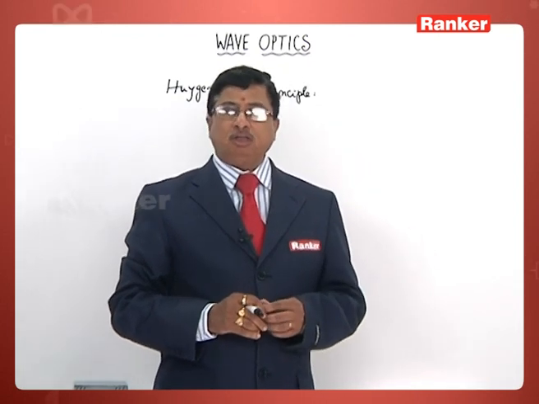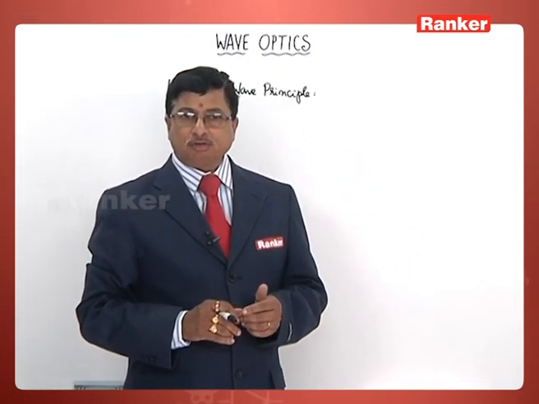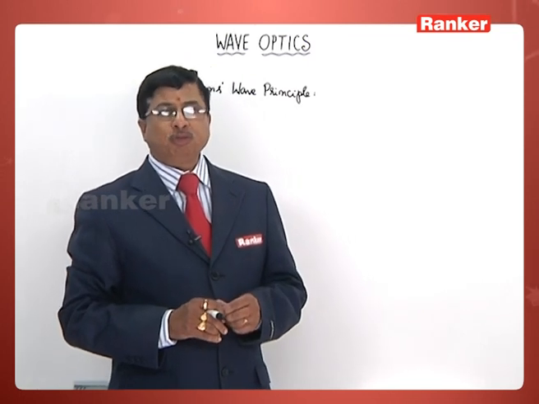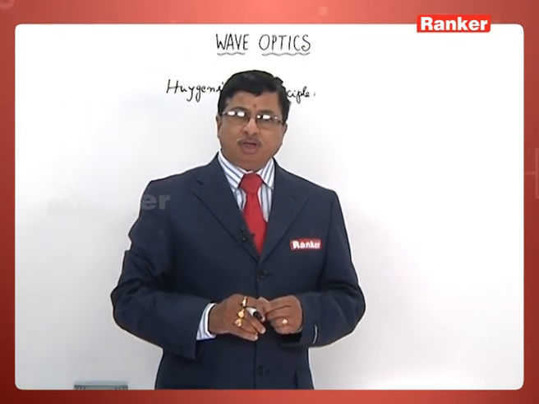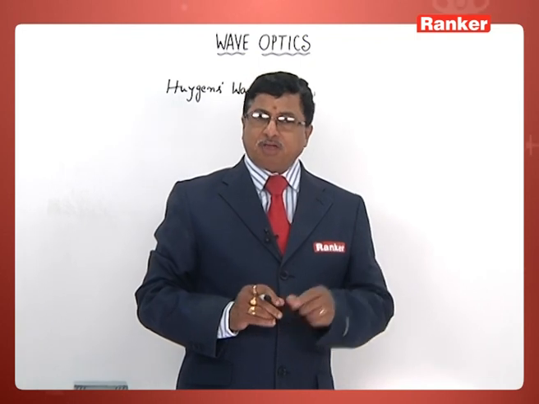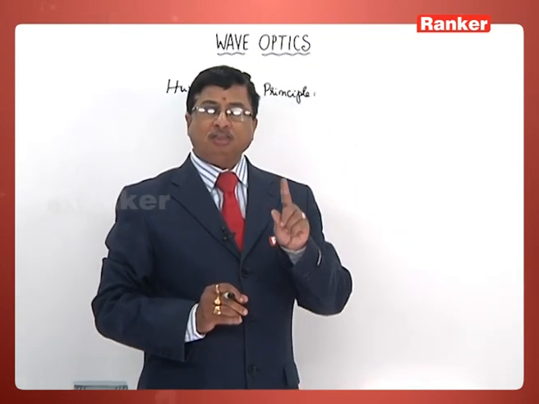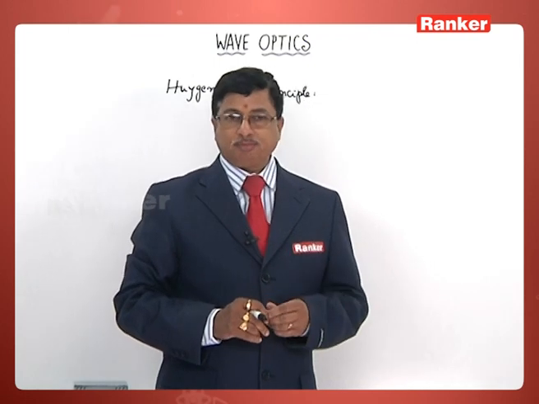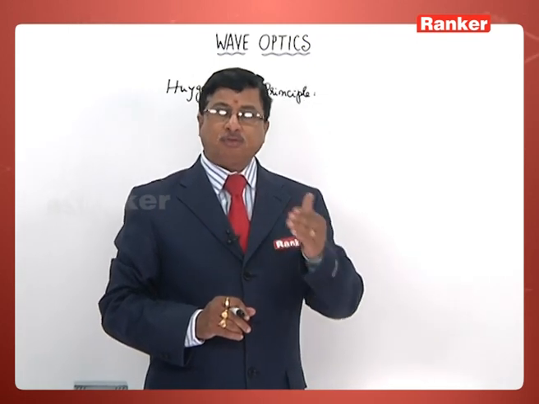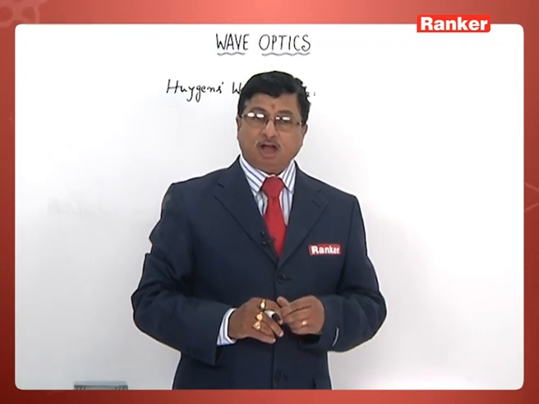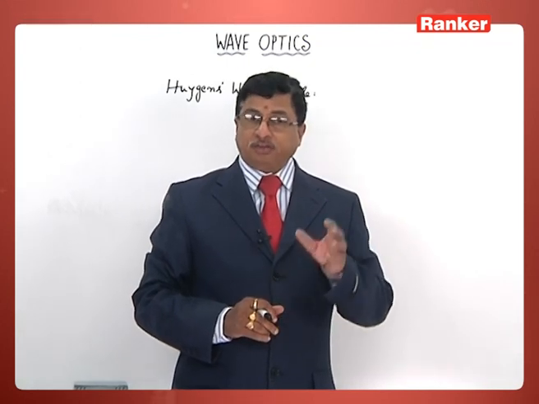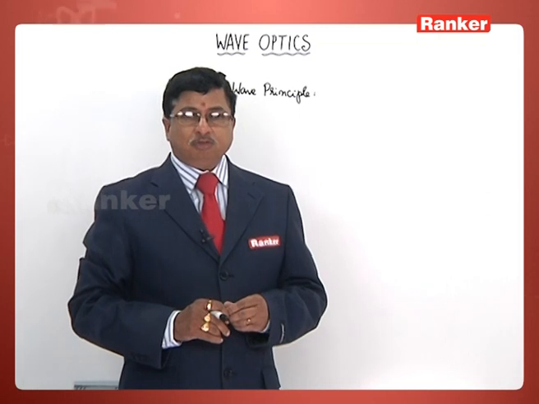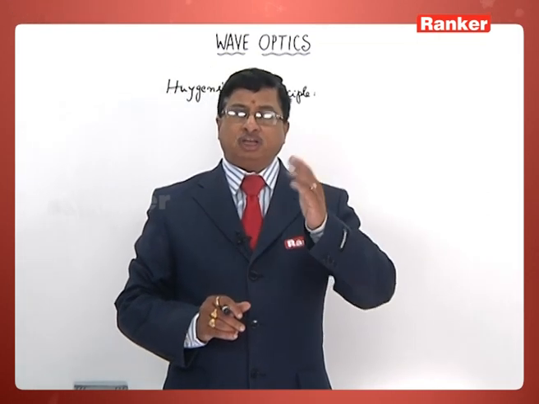What was the statement given by Huygens? Huygens said, every particle on the primary wavefront behaves as a secondary source of light and will emit secondary waves which travel only in the forward direction.